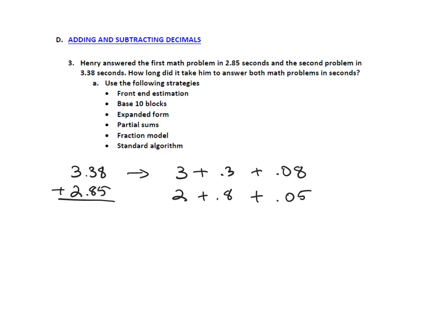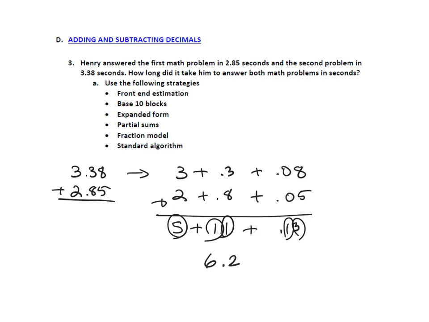So this is going to give us 13 hundredths, and this will give us 11/10, which would be 1 and 1/10, and 5 wholes. So the whole numbers would be 5, that would be 6, and this would be 1/10, and another 1/10 would be 2/10, and there's your 3 hundredths. So just expanding it by the place value.